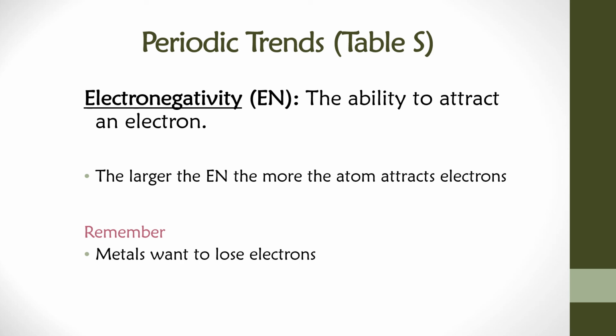They want to get rid of theirs as well. Why would they get more? But nonmetals, on the other hand, do want to gain. So they will be the ones recruiting and looking for other elements. As you can guess from this information, nonmetals are going to have higher electronegativities compared to metals.